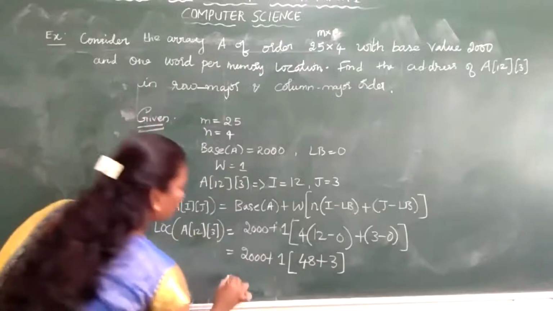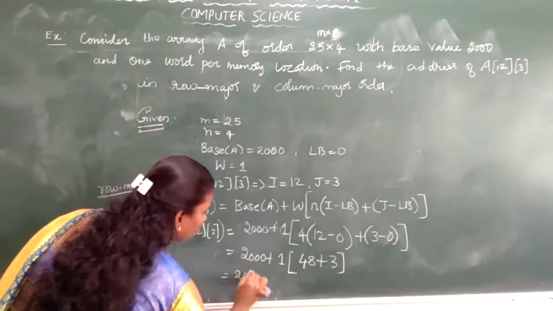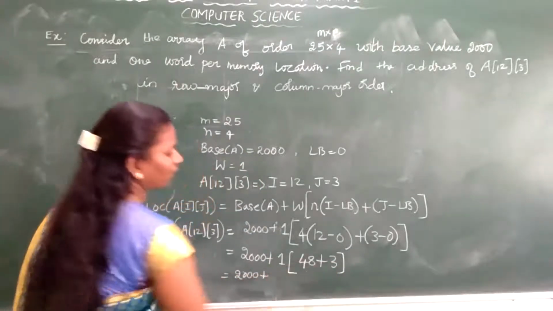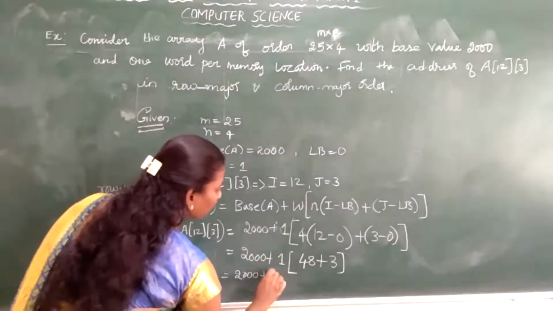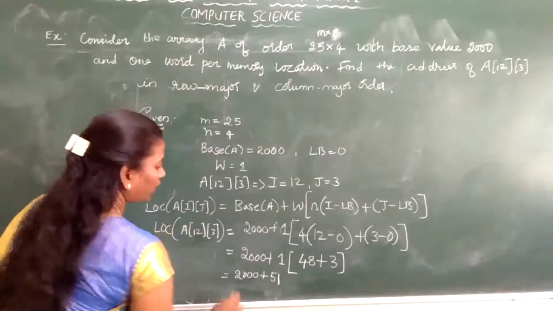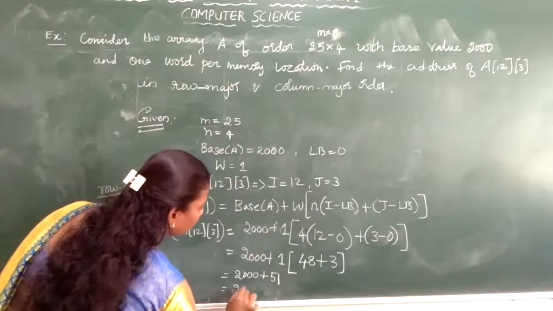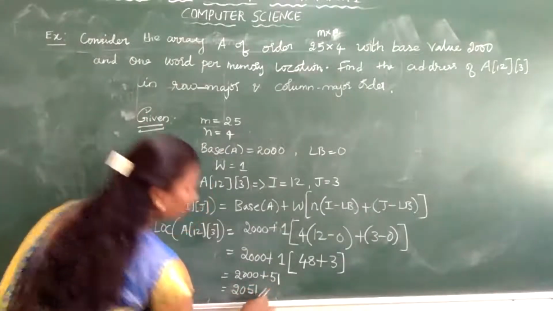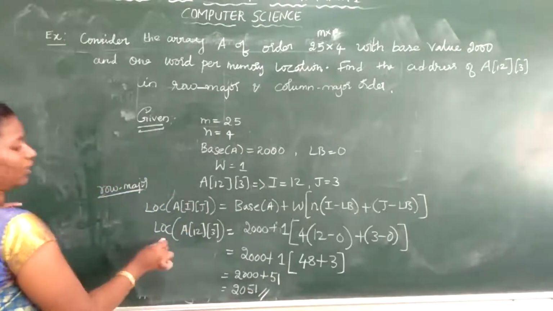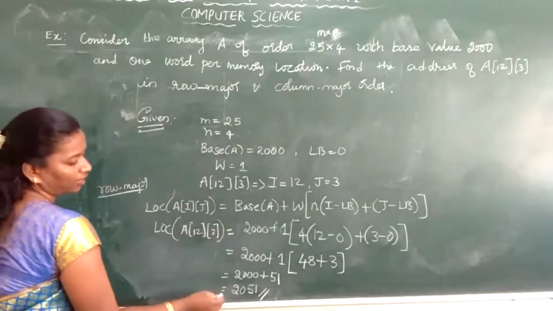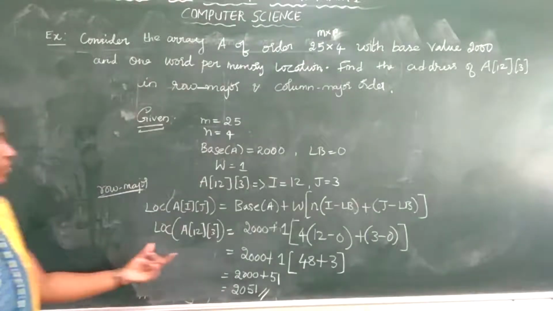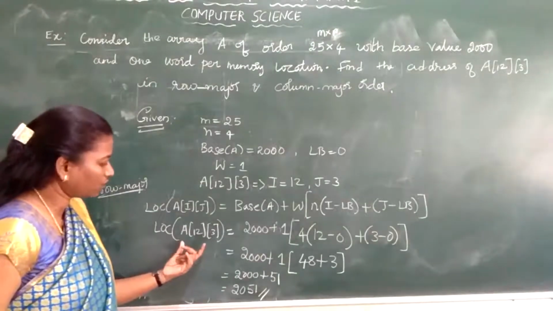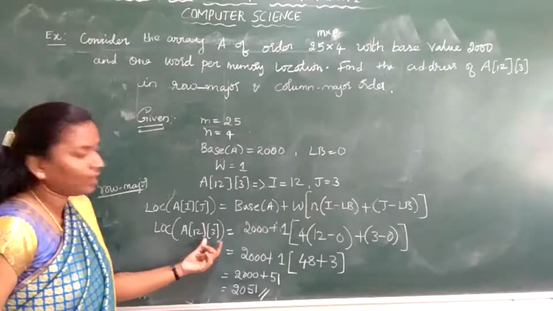So now 2000 plus, what is 48 plus 3? 51. 51 into 1 is 51. So your address is 2051. So the location A of 12 and 3 has 2051 as its address.